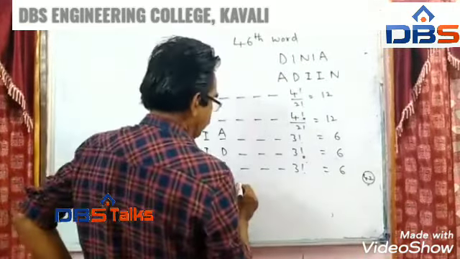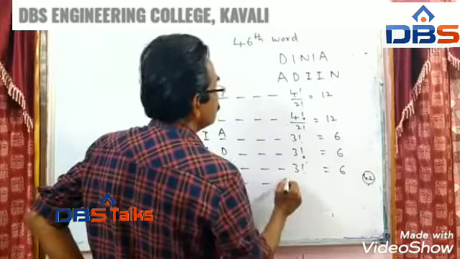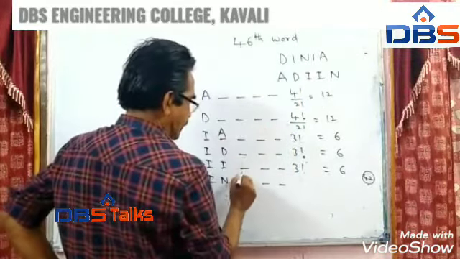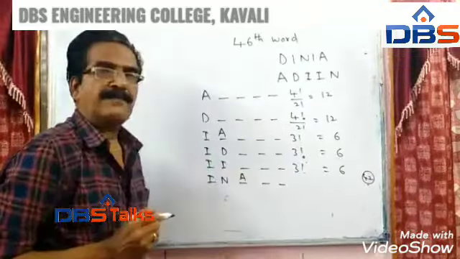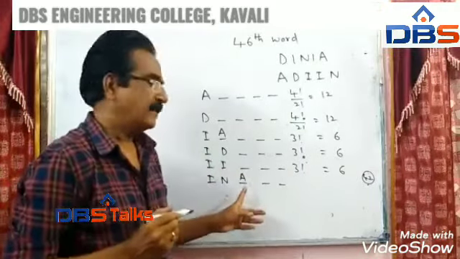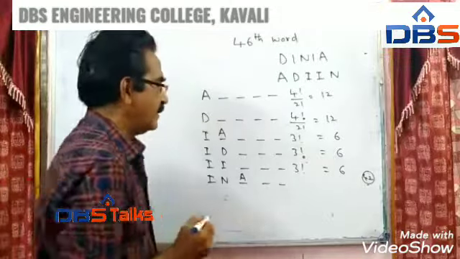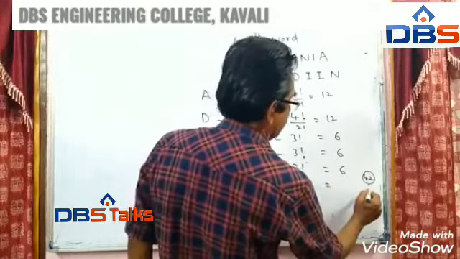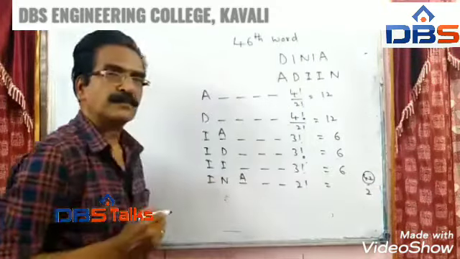After IN, what is the smallest letter? A. INA. If INA are taken in the first 3 places, the remaining 2 places can be filled in 2 factorial, that is 2 ways.